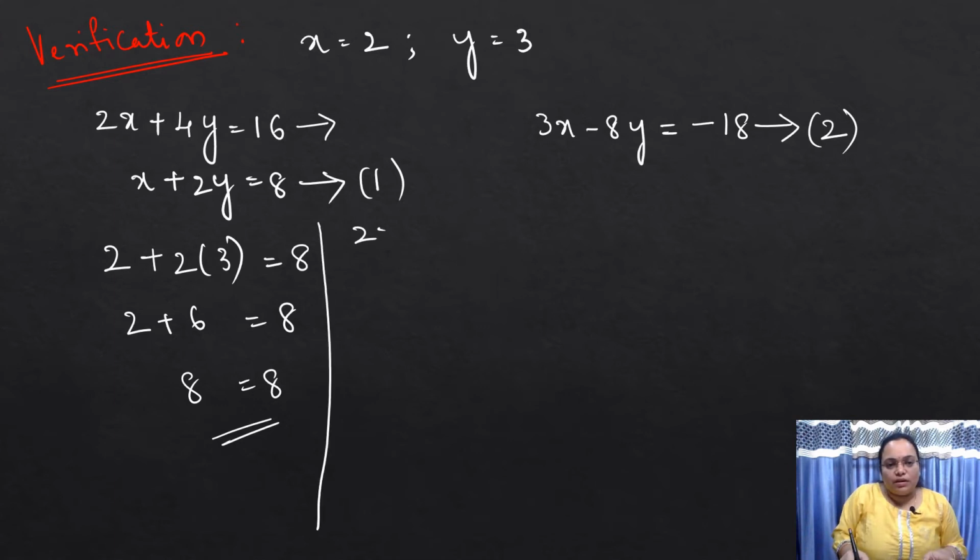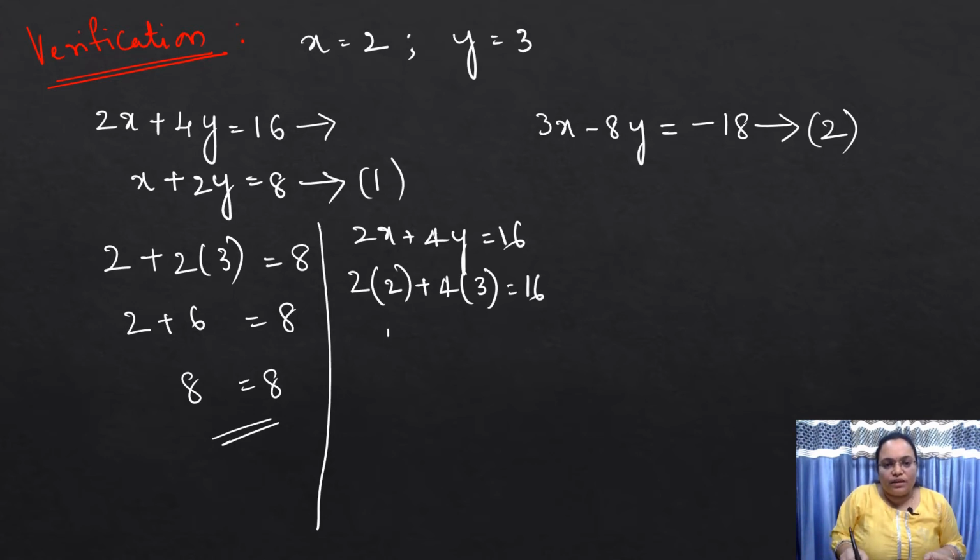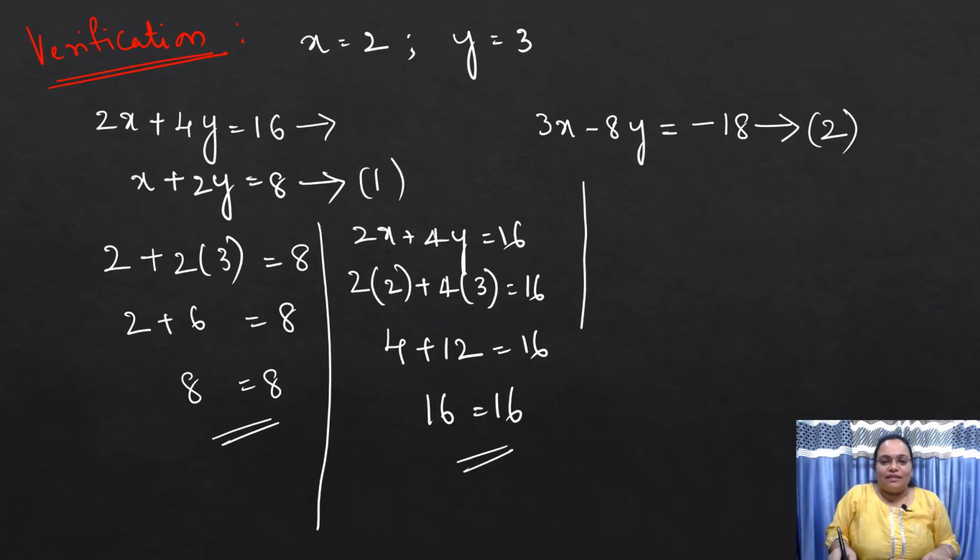This will be 2 of 2 plus 4 into 3 is equal to 16. 4 plus 12 is equal to 16. 16 equals 16. This also satisfies, right? So you can put the x value and y value in any of the equations.